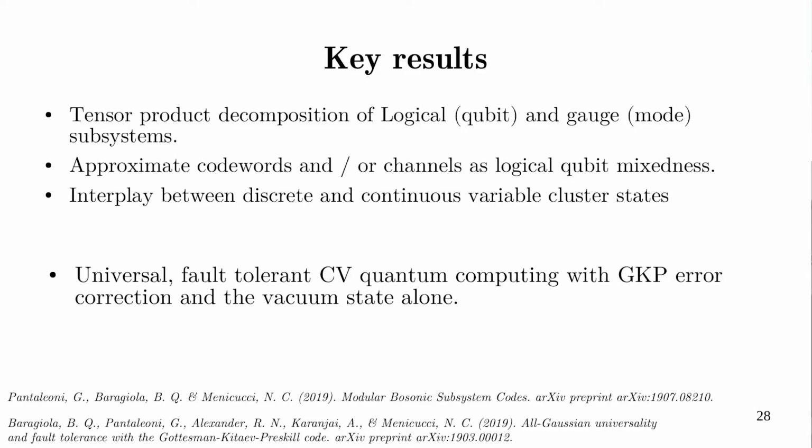So yeah, I'd like just to sum up the key results, which are that now we have a tensor, a subsystem decomposition of a CV mode into a logical mode where we can perform, say, qubit quantum computing.